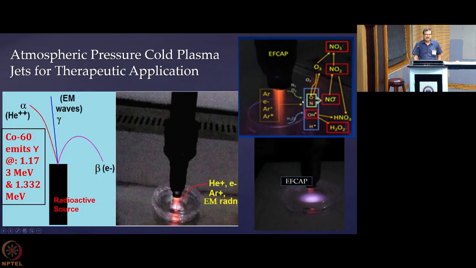It can break nitrogen molecules and produce nitrogen atoms. Similarly, it can produce oxygen atoms, which can combine to form O2, or form NO, and NO is the signaling molecule in biomedical applications.